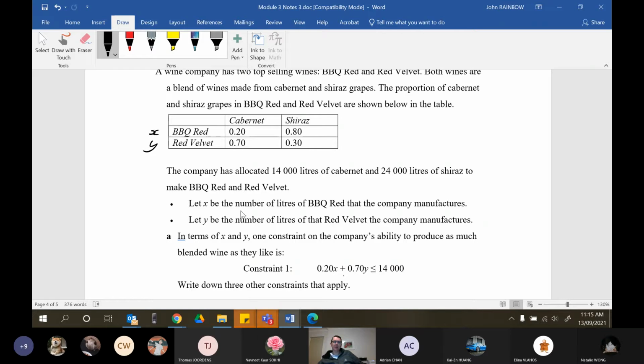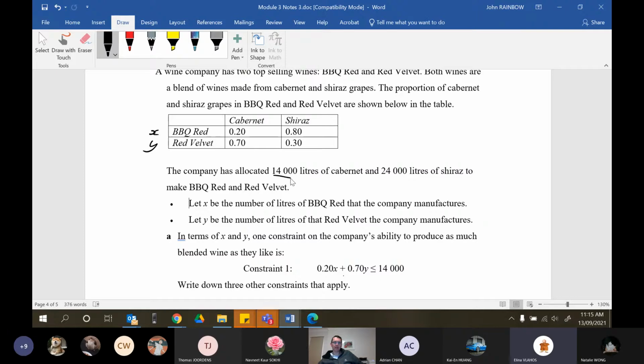X is the number of litres of Barbecue Red that the company manufactures. So if it produces 1 litre, it's going to use 0.2 litres of Cabernet, and for Red Velvet 0.7 litres of Cabernet. And the total of this needs to be less than 14,000. Why does it need to be less than 14,000? Because that's how much the company has allocated for it.